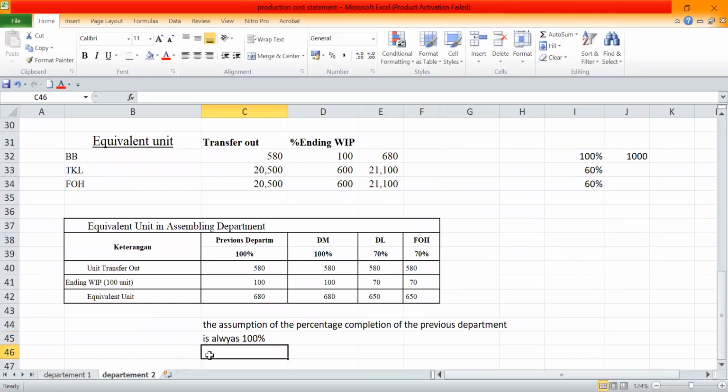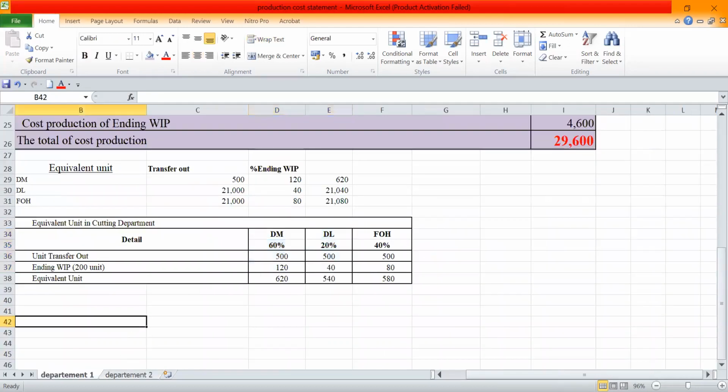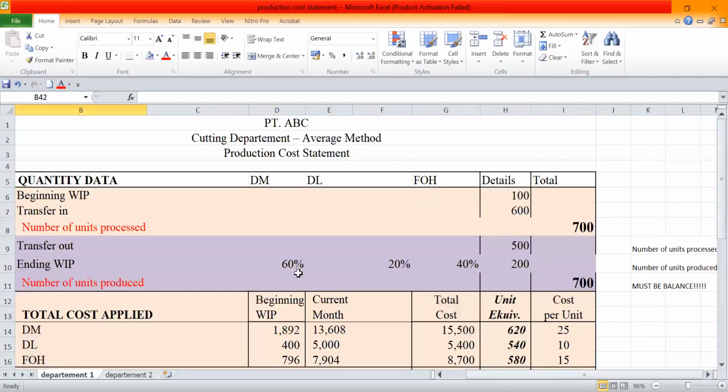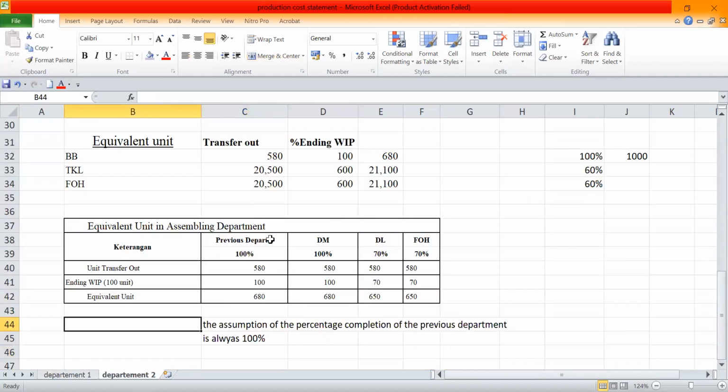Even though the problem does not tell us about that, we directly know that the percentage of completion of the units coming from the previous department is always 100% because it's already complete, right? That's why we are now entering department 2, because everything that was processed in the first department is already complete. So that's why the percentage of completion from the previous department is always 100.